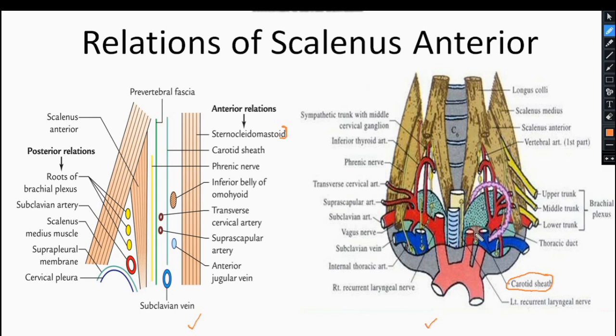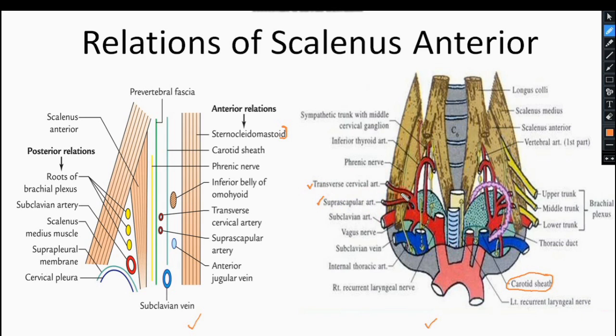Clear? This vagus nerve is here. Further going deeper, that is from before backward, we see this important structure. Here we can see the suprascapular artery and transverse cervical artery. Clear?